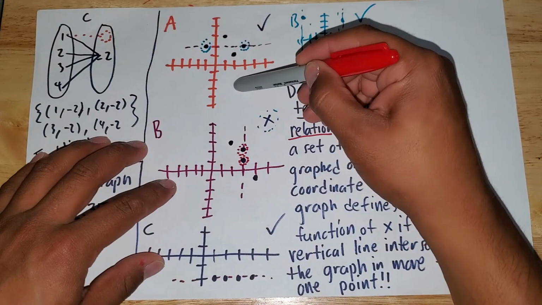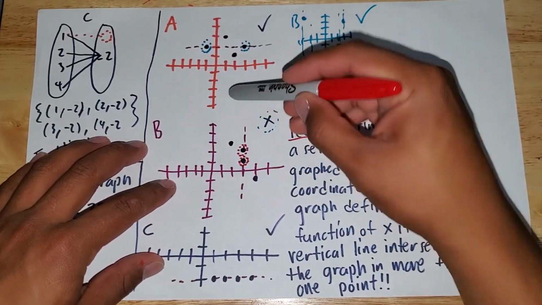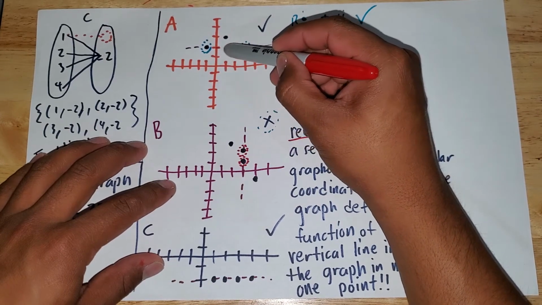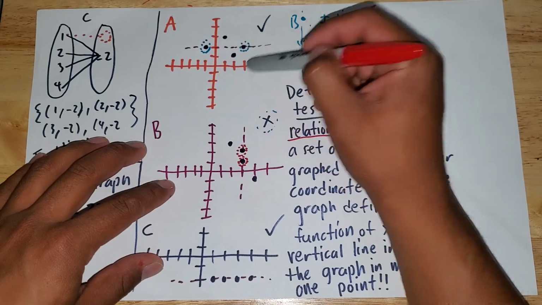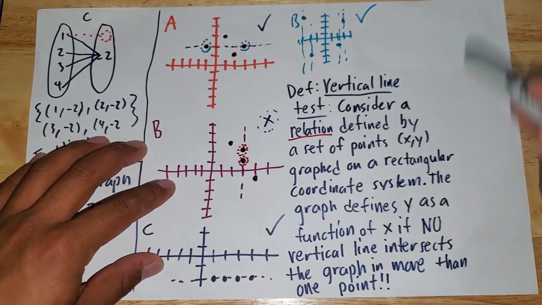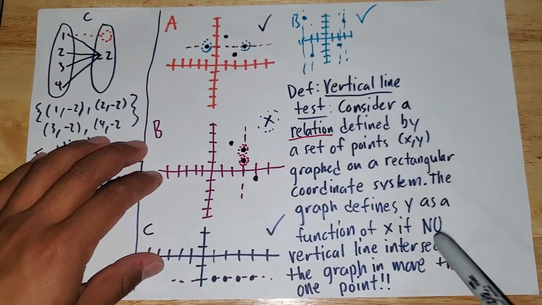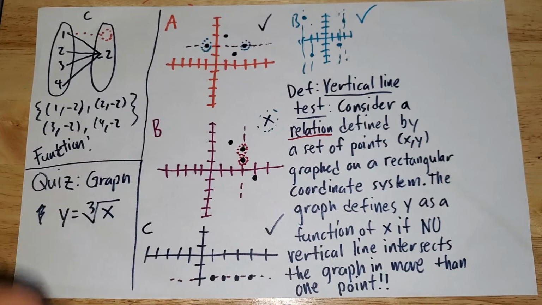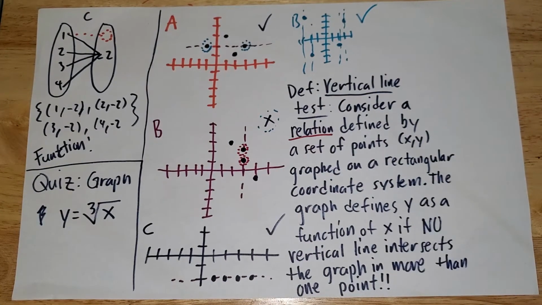We go left, right, up, or down. We're not going from the origin and then curving. We think about a box, it's going in these boxy shapes. So that's the rectangular coordinate system. The graph defines y as a function of x.